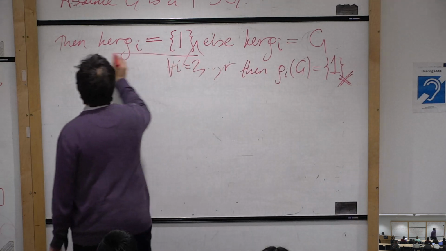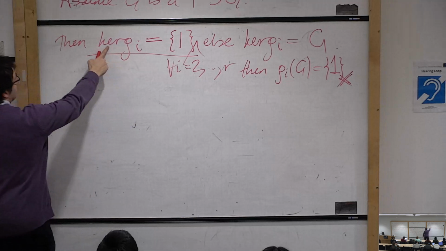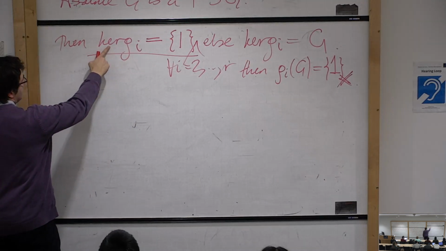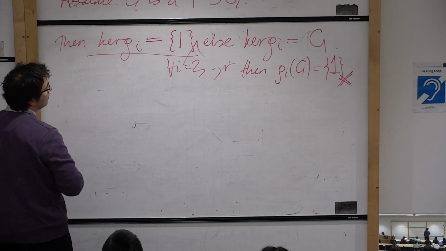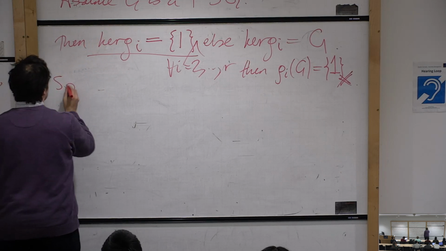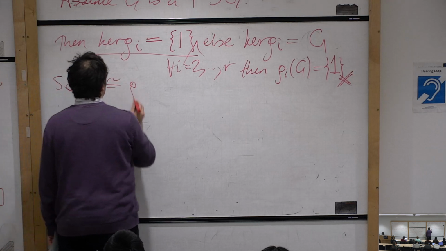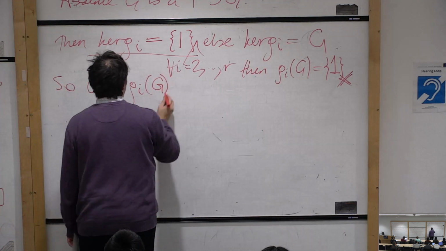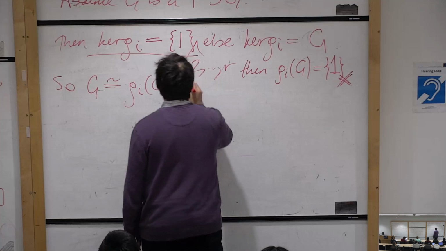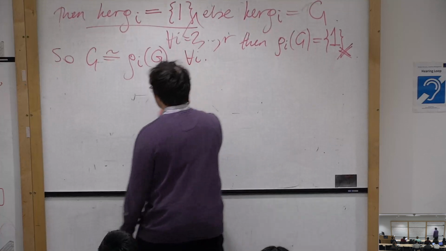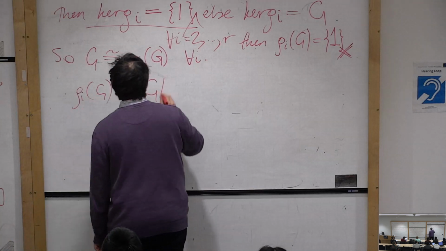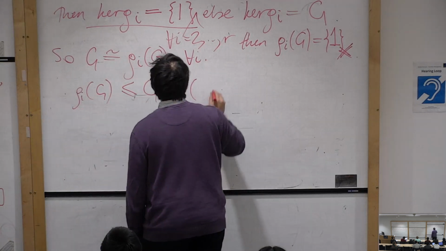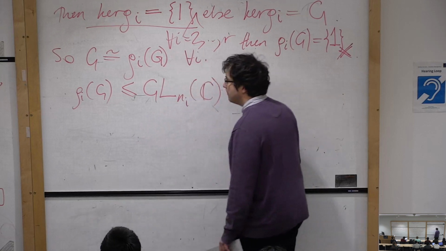Okay, good. But then there's another trick we can do. This means that the non-trivial irreducible characters are faithful, and so G is isomorphic to its image by the first isomorphism theorem for all I, and this image is a finite subgroup of some matrix group, right?